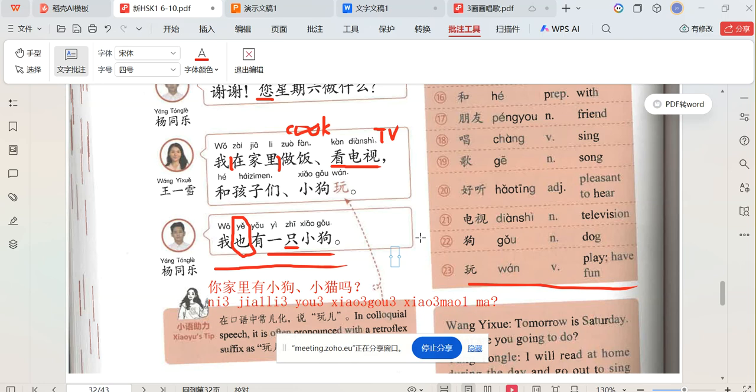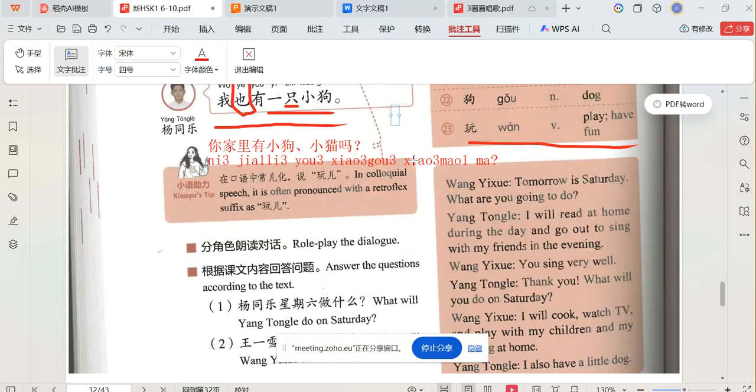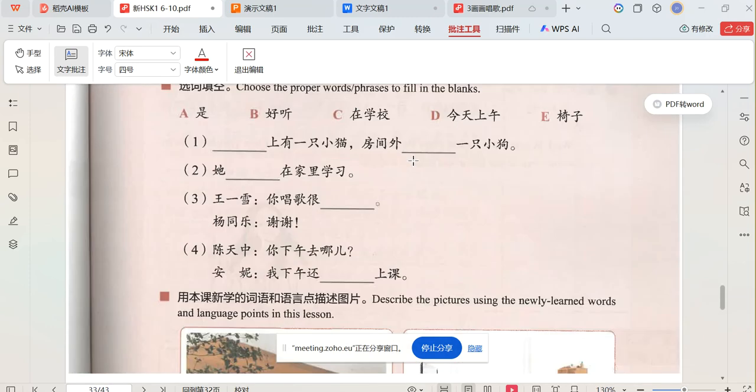If you have, you can say 我有一只小狗，我有一只小猫。Or you don't have any, you can say 我没有。Give me your reply, please. It's very sad to be a teacher too. 我没有。Very good. It's very sad to not have any reply from you.